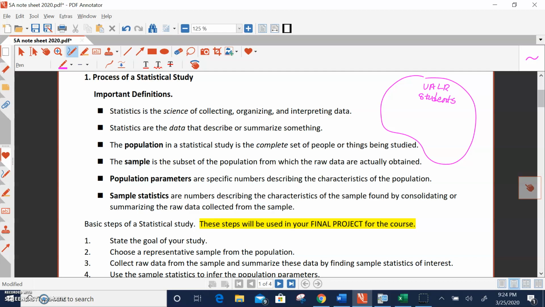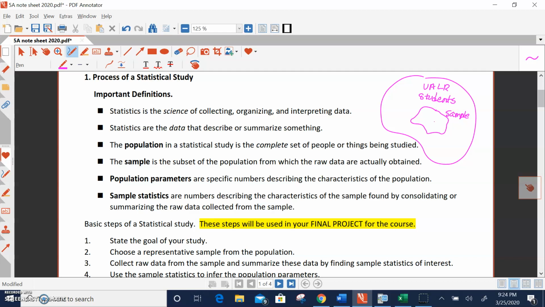But it's really hard to survey every member in a population. So what we do is we collect a sample or a subset of that population. So within that big population, we would pick a sample and we would survey that sample.